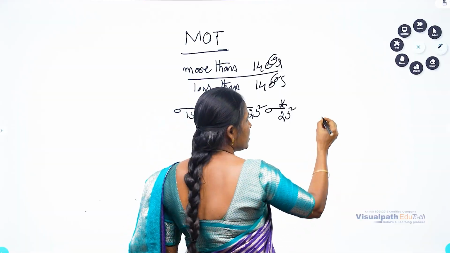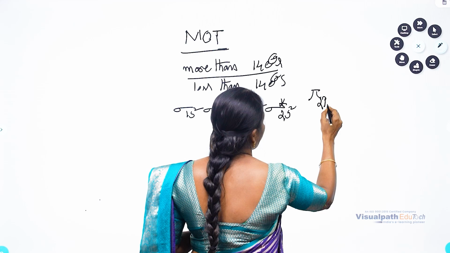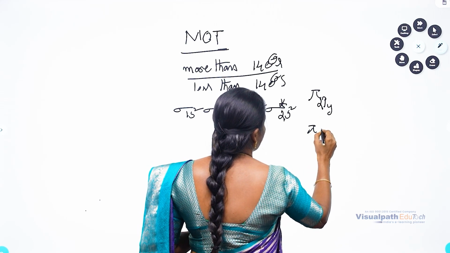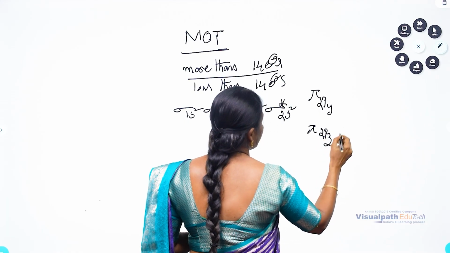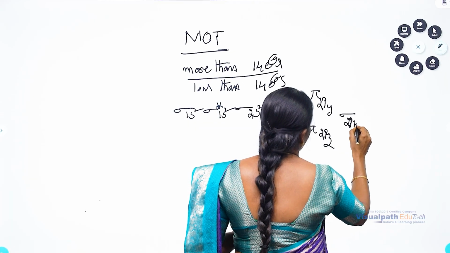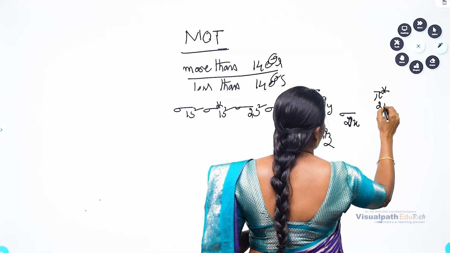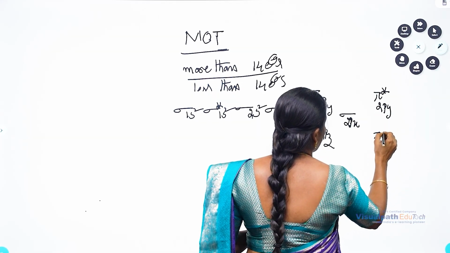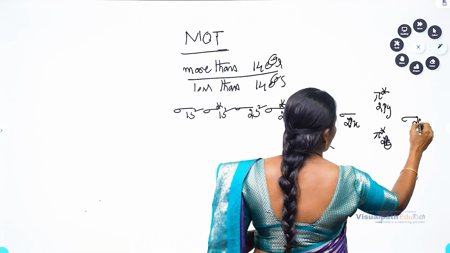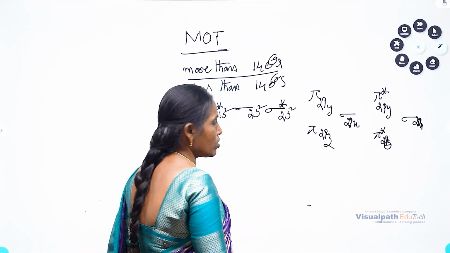See here the pi bond formation: pi 2py, pi 2pz, and sigma 2px, and pi star 2py, pi star 2pz, sigma star 2px. Here more than 14 electrons are there.